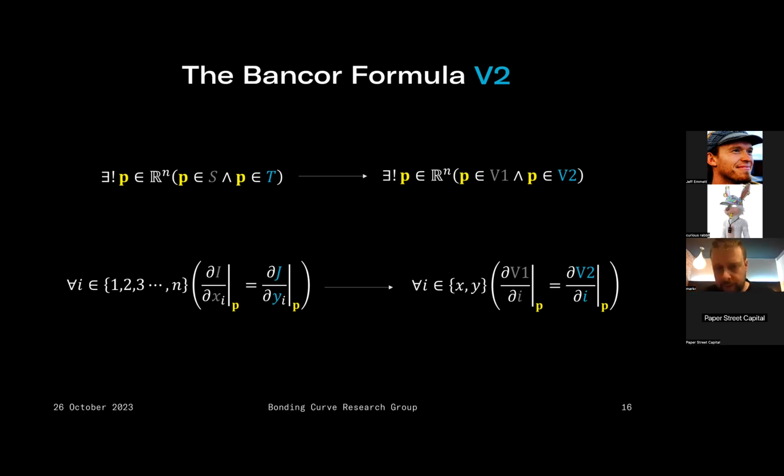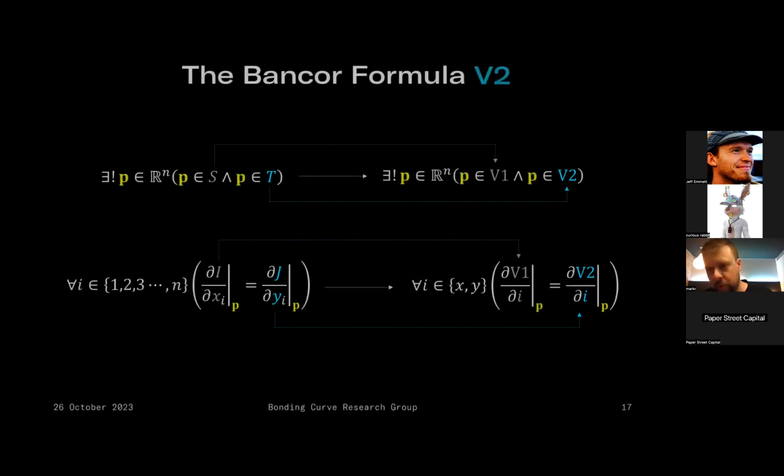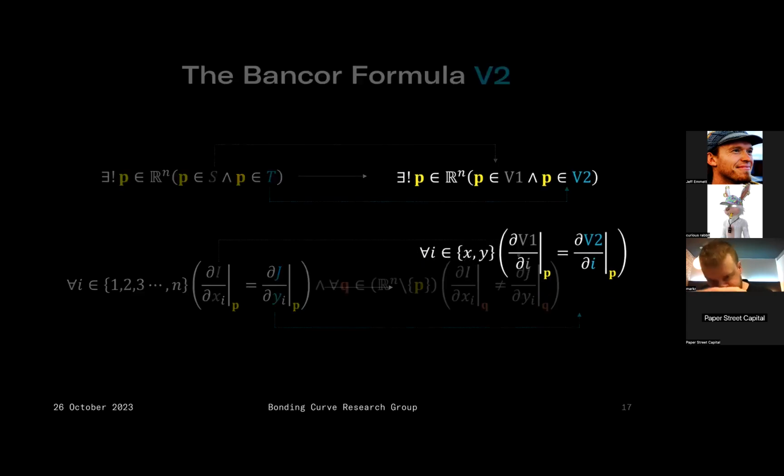So what I'm going to be doing here is I'm going to be swapping the surfaces S and T for V1 and V2, just so that we know at a glance which one we're talking about. So it's just a quick change in the naming convention here, but doesn't really change the meaning of these expressions at all.